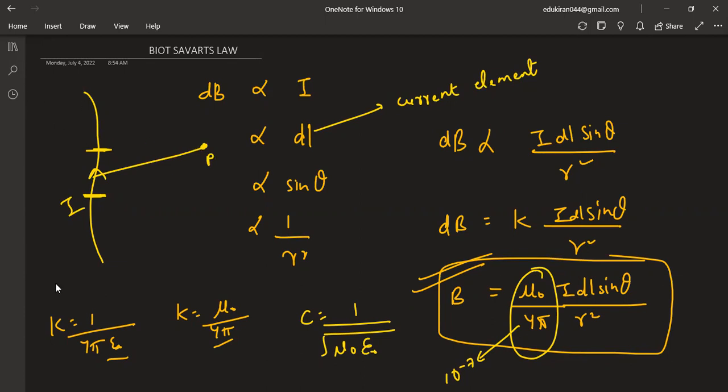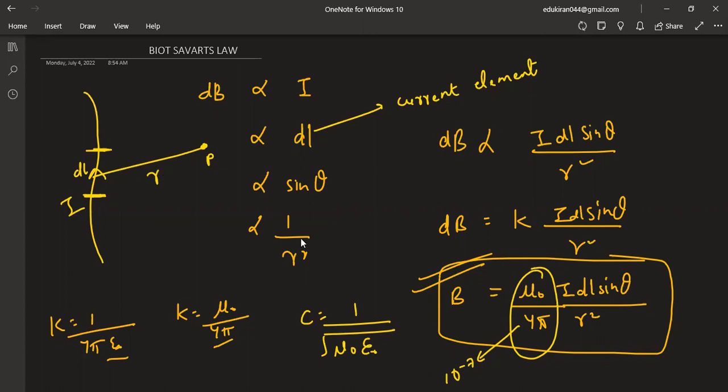If current is moving, magnetic field is getting exhibited. So at this particular point P, magnetic field should exist. So now what is happening? This small part is dL. So the field is proportional to I dL, and the separation between point P and this wire, I have taken as r. Again, same way as your Coulomb's law was, same way as Newton's gravitational law was, this will also follow the inverse square rule.